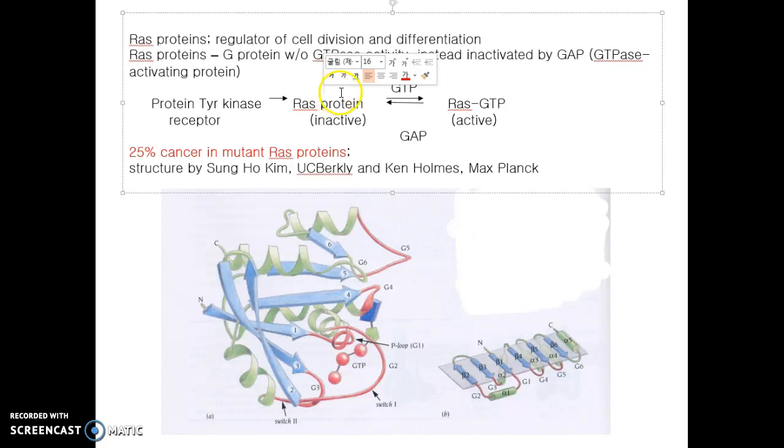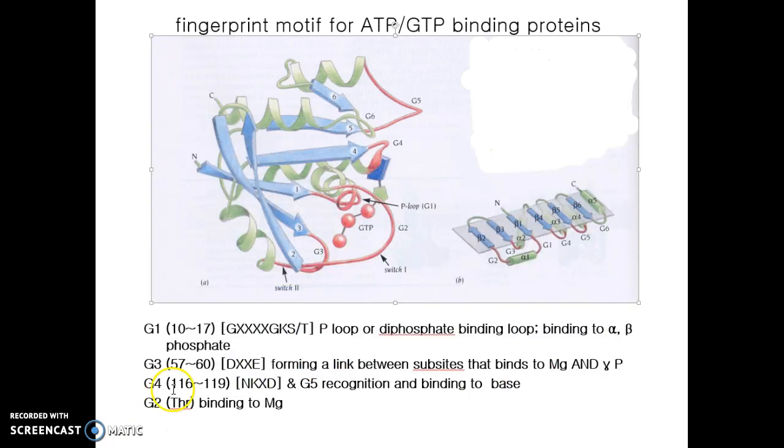The structure of Ras protein was determined by the Korean scholar in the United States, Sung-ho Kim at UC Berkeley, and Ken Holmes at the Max Planck Institute. Ras protein is an alpha/beta protein.